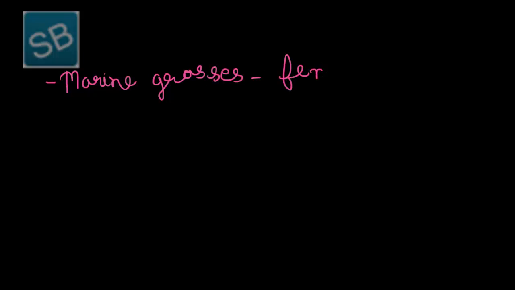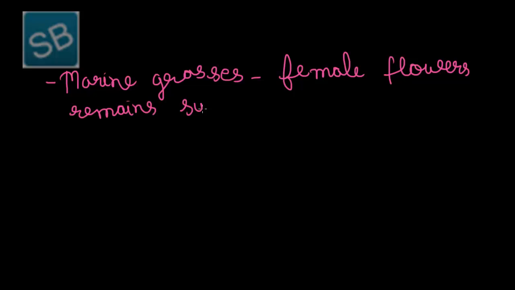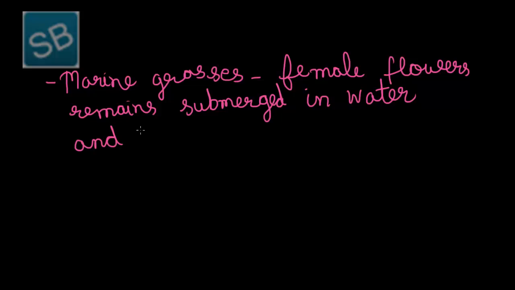In other types of plants like marine grasses, the female flowers remain submerged in water and the pollen grains are released within the water.